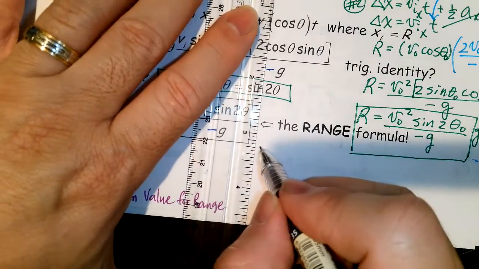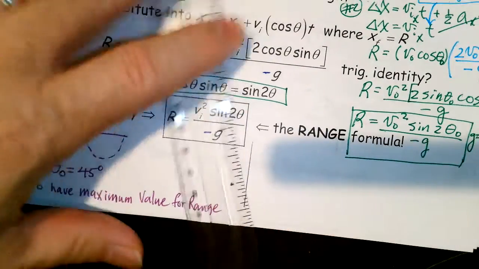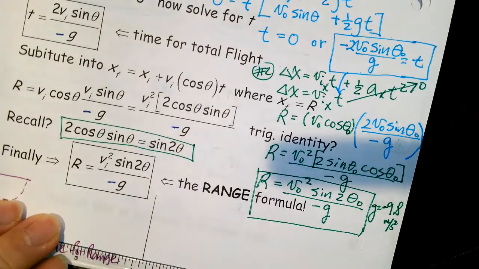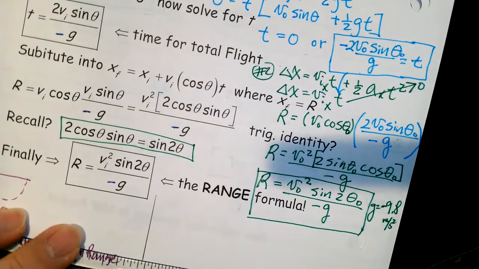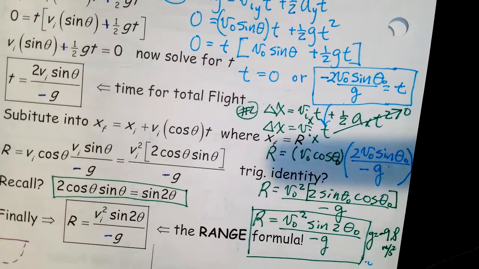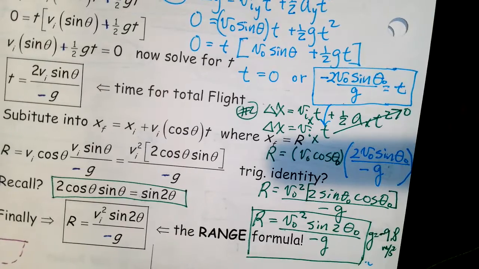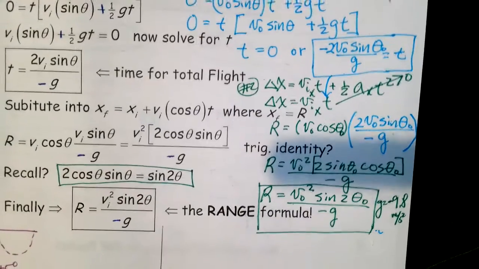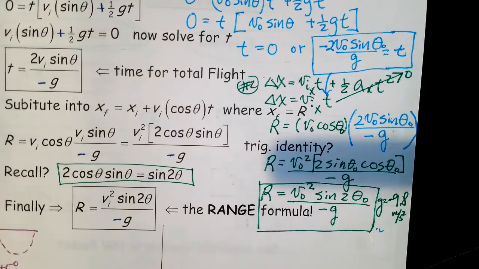So if you were to work as an artillery and you're calculating how you should attack, if you want to go over the wall, you want to go higher than 45 degrees. If you want to go through the wall, you want to go lower than 45 degrees. If you want to go for the maximum range, you want to go for 45 degrees.